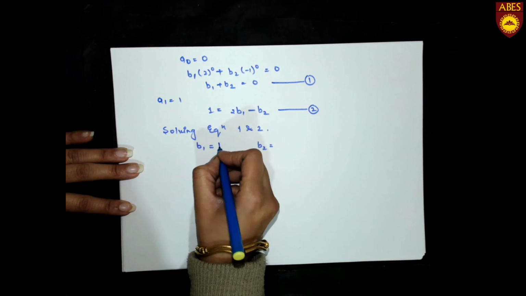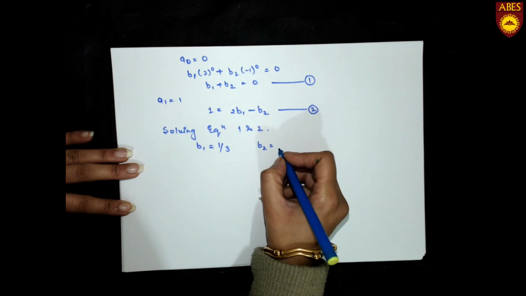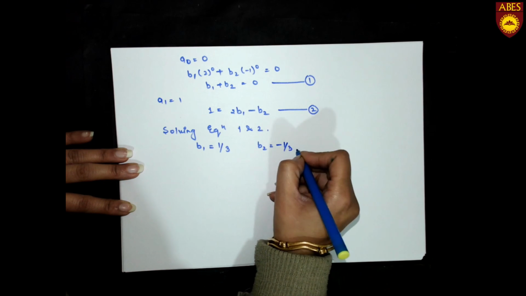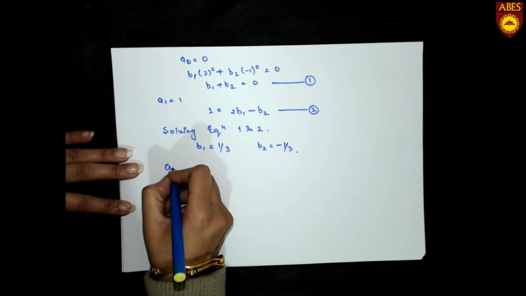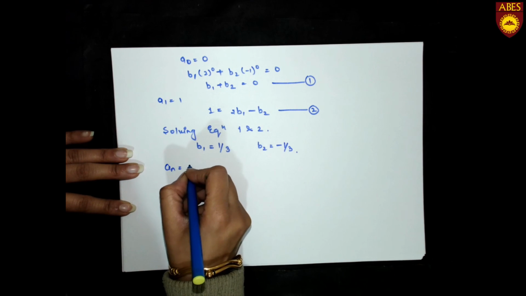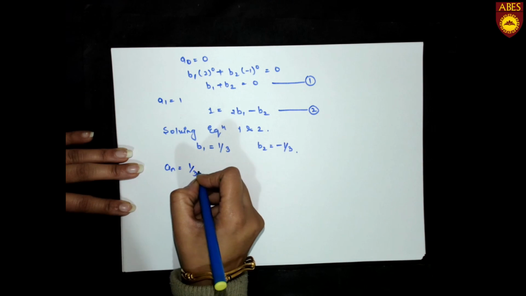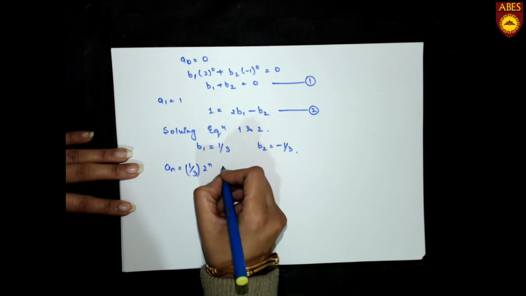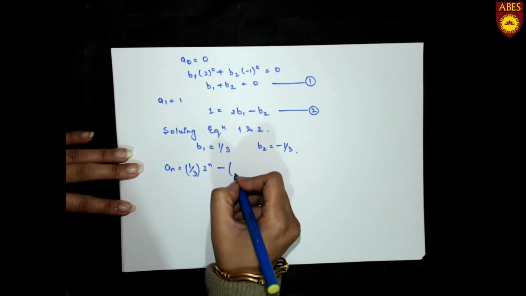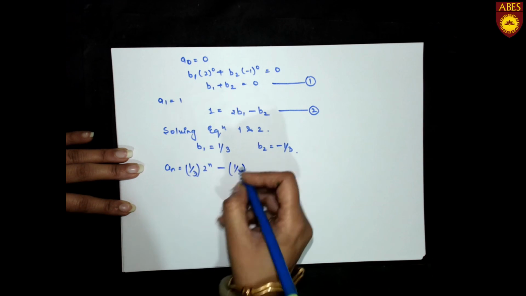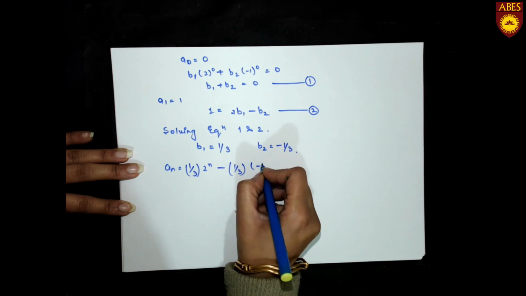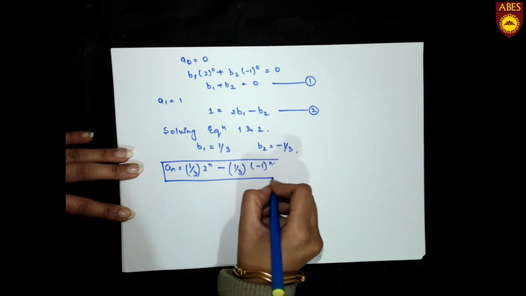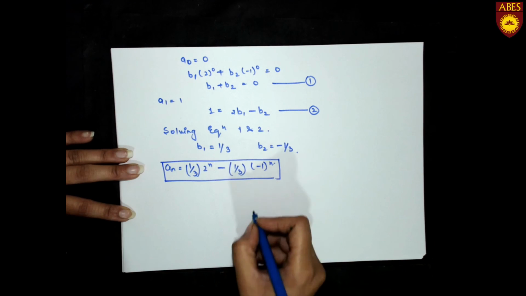Solve these equations and you will get b1 as 1 by 3 and b2 as minus 1 by 3. Now for the final solution, putting the values of b1 and b2: an is equal to 1 by 3 times 2 to the power n minus 1 by 3 times minus 1 to the power n. So this is the final solution of this equation.